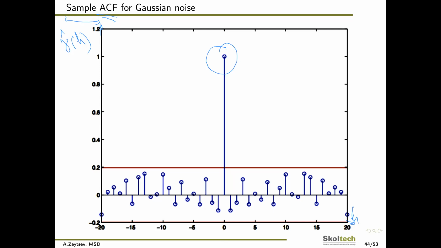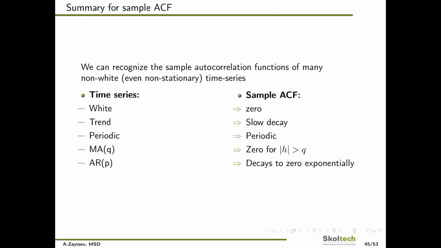And all the correlations should be smaller than this threshold here, which is related to some 0.05 significance level, as far as I can remember. So if we look at more complex models: for white noise, we have a zero sample autocorrelation function for h greater than or equal to 1.